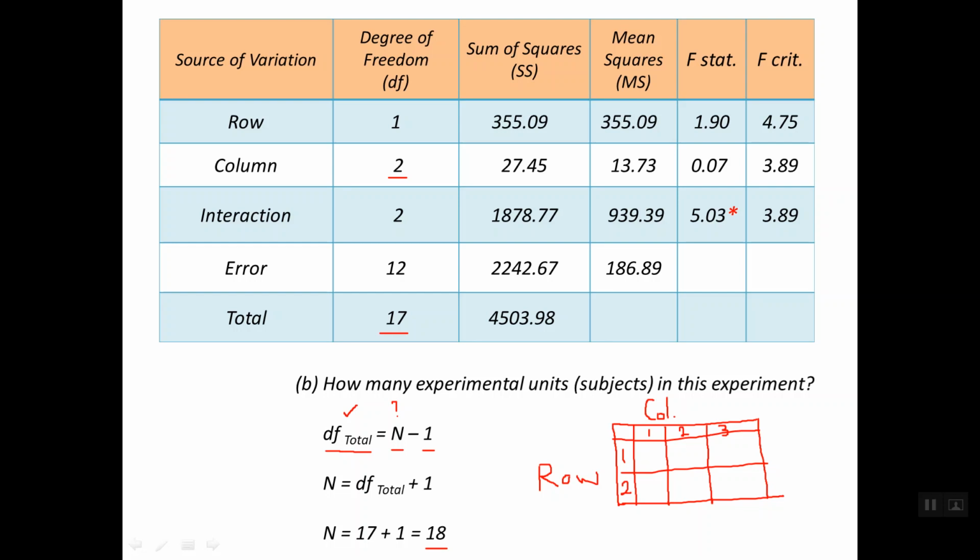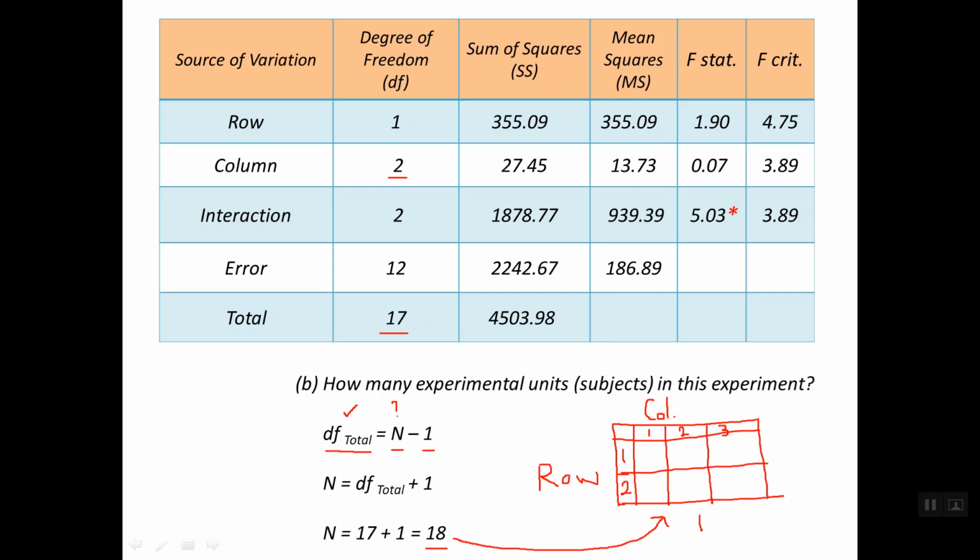So now you can simply count the number of subjects in each of these 6 groups. Simply we have 18 subjects. We need to distribute these 18 subjects equally in each of these 6 groups.